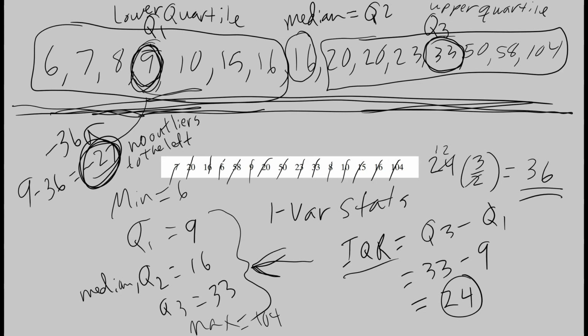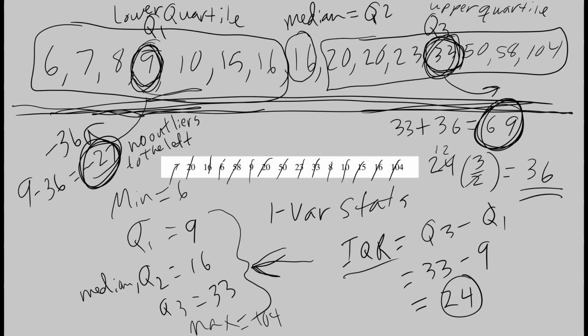Okay. Now I do the same thing to the right. I take the 33 and I say 33 plus 36. That gives me 69. So I look at that and I say, are there any numbers that are to the right of 69?